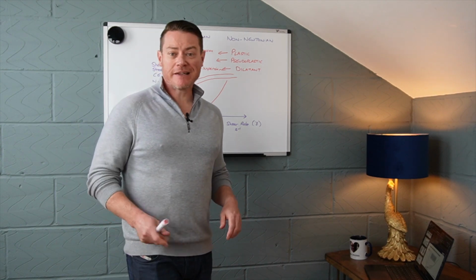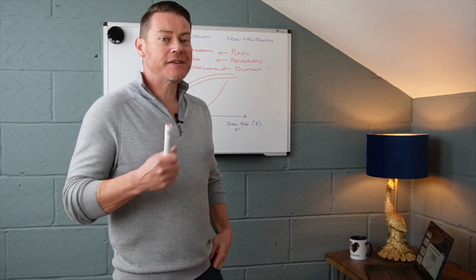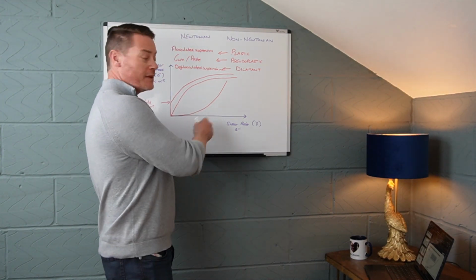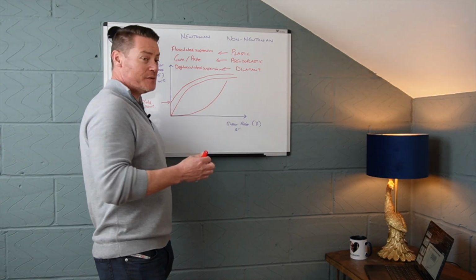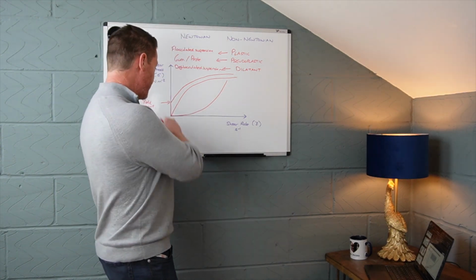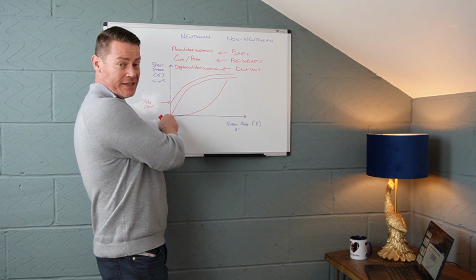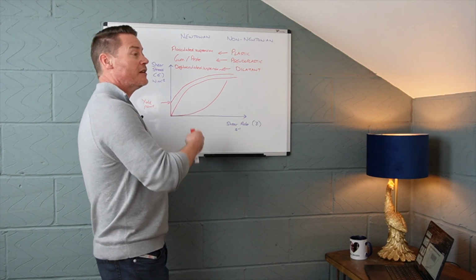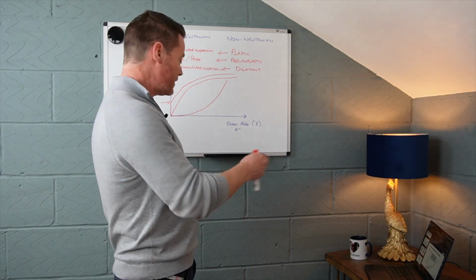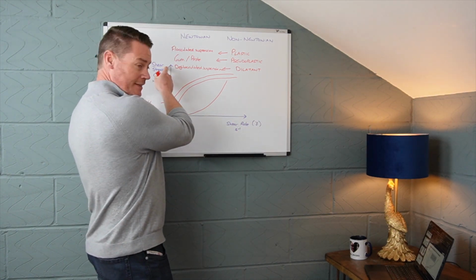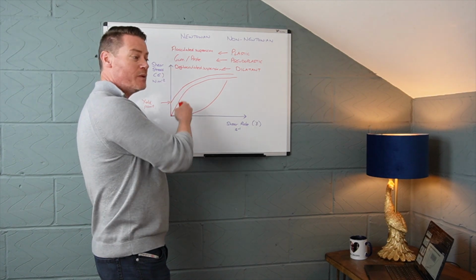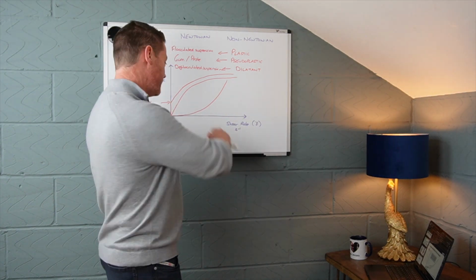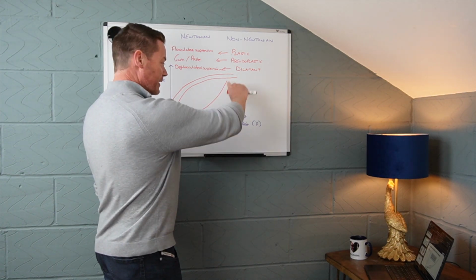And the way to do it, at least in my mind, is to think to yourself, okay, to make one of these plots, what we need to do is take our material without any applied shear stress, so down here, and it's not moving, so it's at this point of intersection, and we start to apply a shear stress, so we will go up this axis, and as we go up, we measure how fast the material is moving, and we get a plot that looks like one of these.